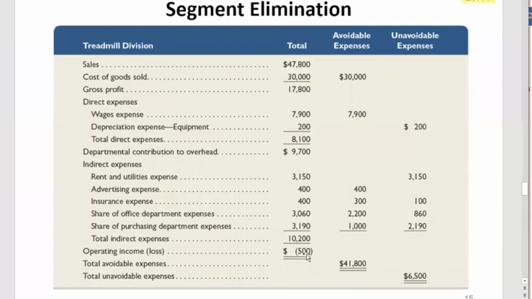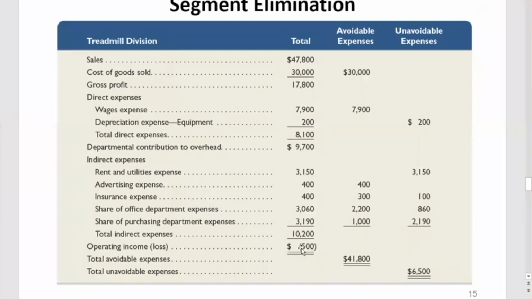$500 loss. With that in mind, the company president might decide to shut down the treadmill division and put people out of work. That's so short-sighted. That's something an amateur would do. Because in fact, we have 2 columns here. We have avoidable expenses.